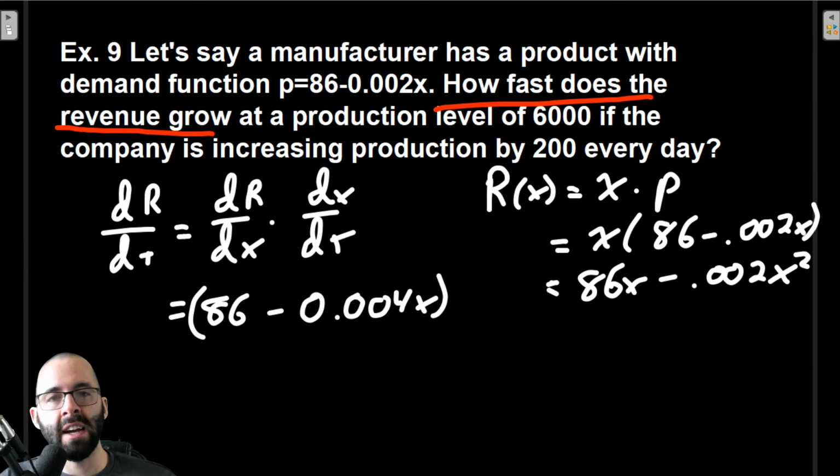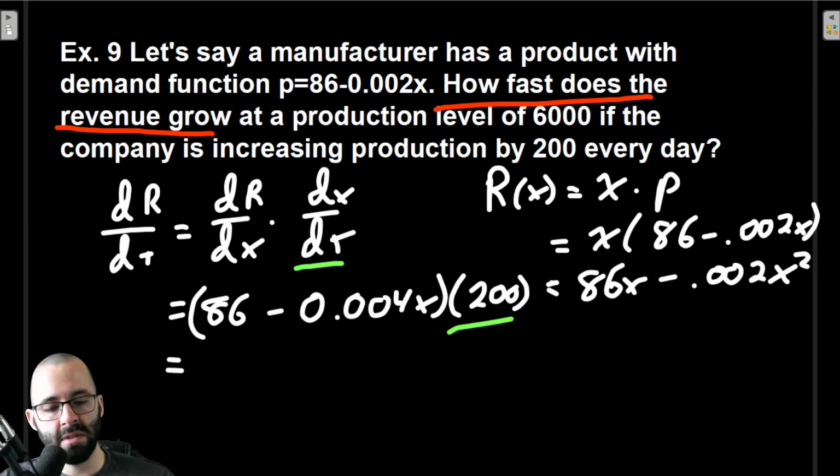Well, what is dx/dt? dx/dt is the rate of change of x with respect to t, how production changes over time. Well, the production is getting increased by 200 every day. How's the production changing over time? It's 200. All right, so that's dx/dt.